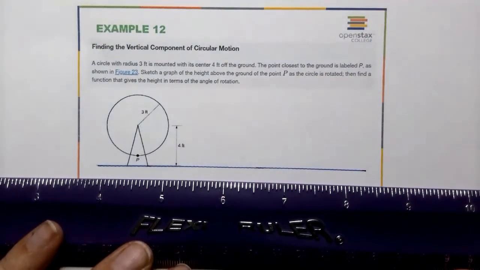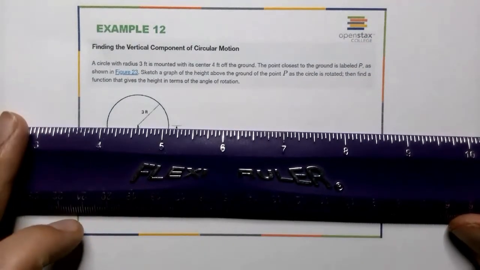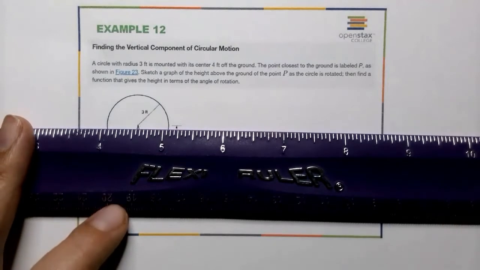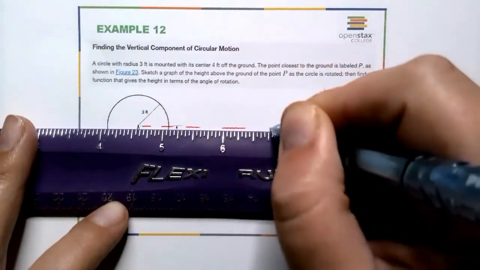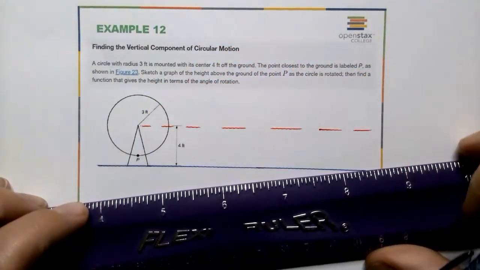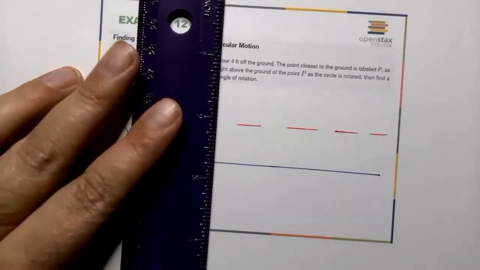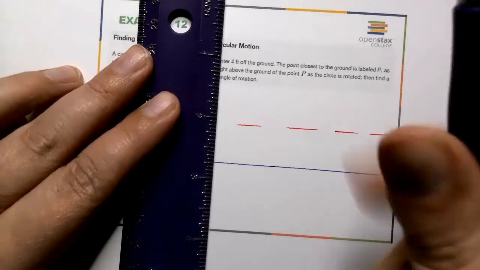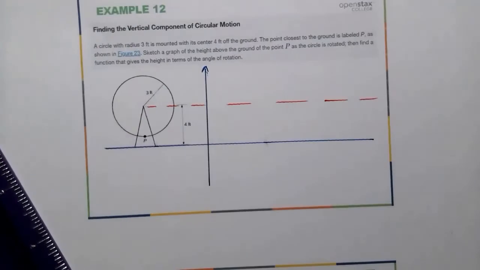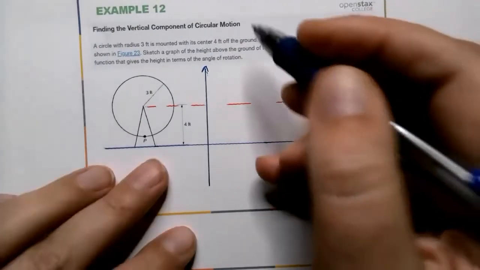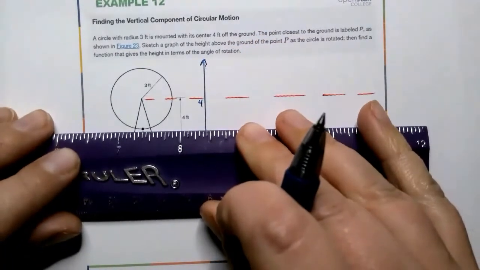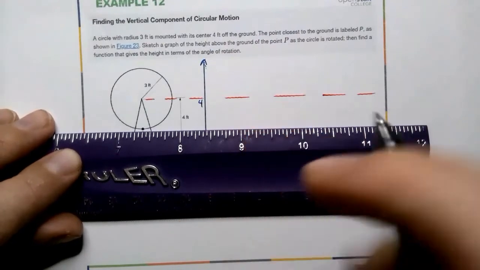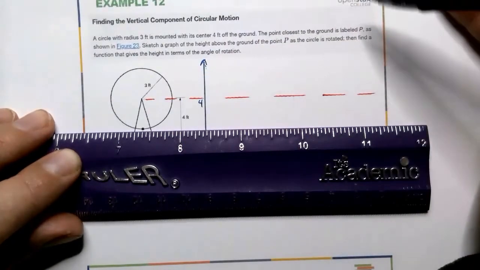So the midline of this graph will go through this point, which is 4 feet off the ground. Let me make my vertical axis here, and this is 4.